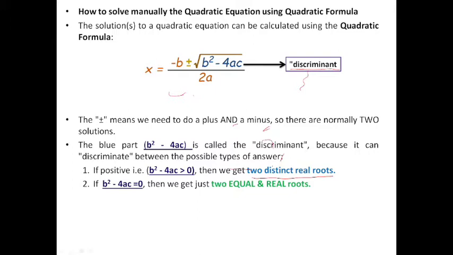So in the first case, the roots are distinct and real. In the second case, two equal and real roots. If b square minus 4ac is less than 0, that is negative, then no real roots are possible. Then this is called complex solutions.